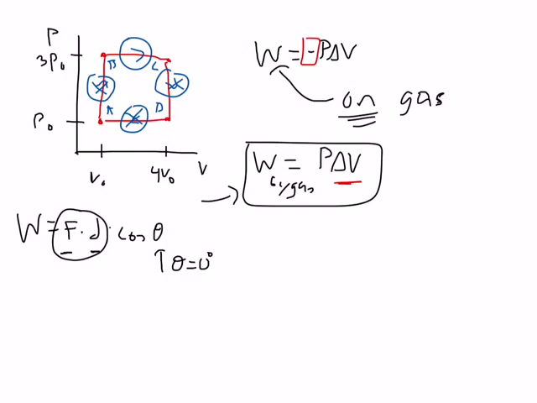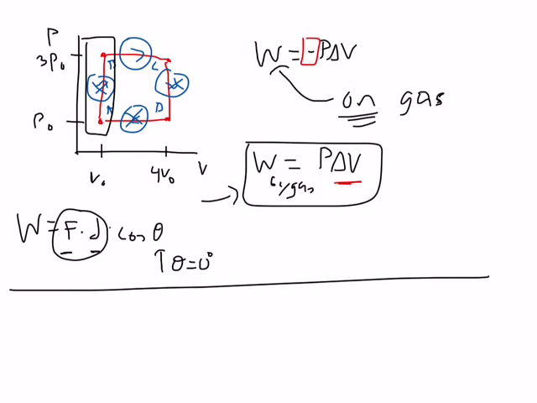Part C. So now we care about the process going from just A to B. From A to B, we identified in part B that no work is done. But we've also identified that in part A, the temperature has to increase as you go from A to B. So this uses the first law of thermodynamics, right?